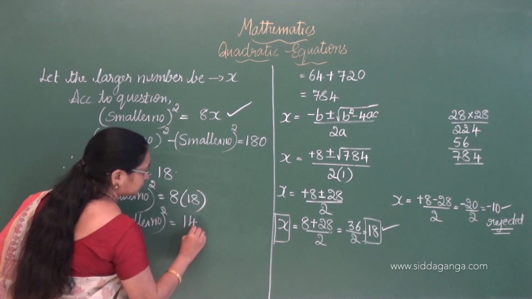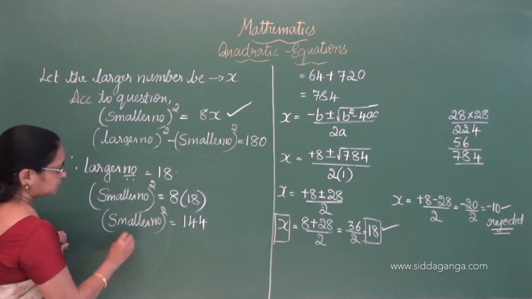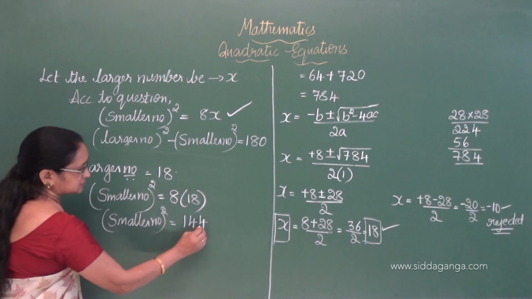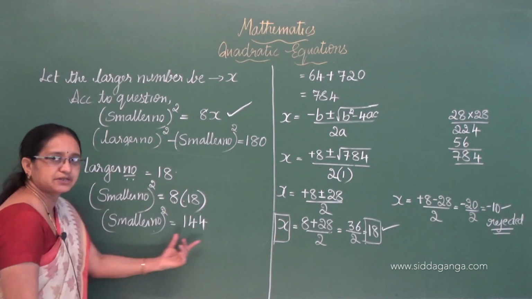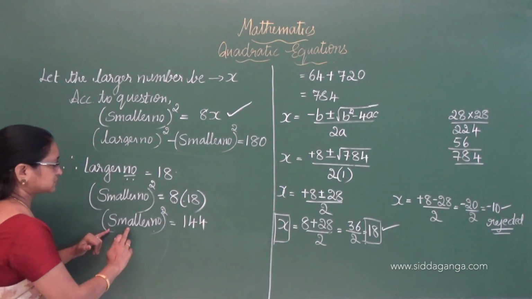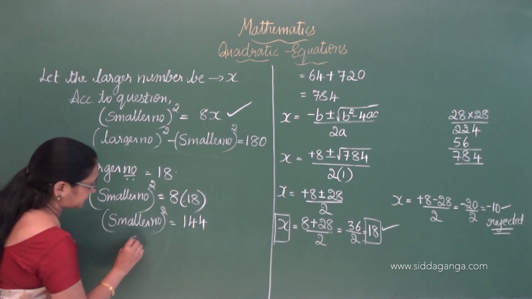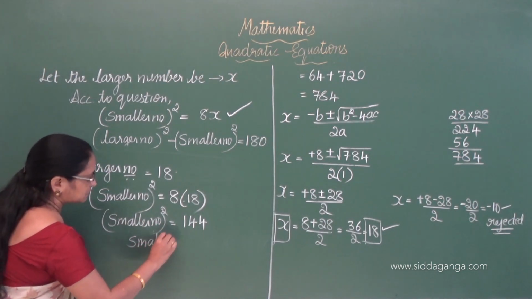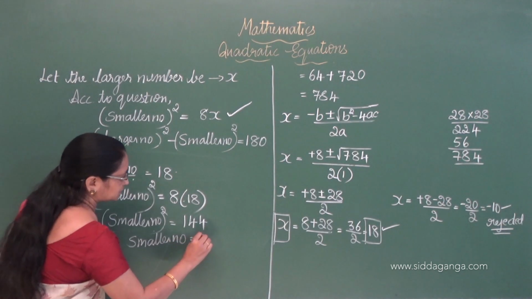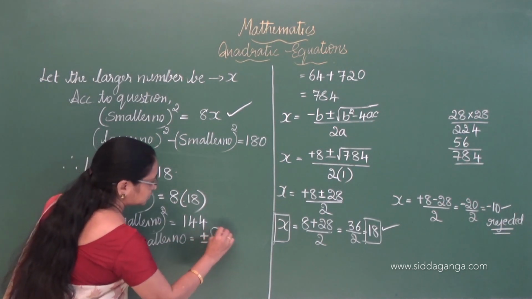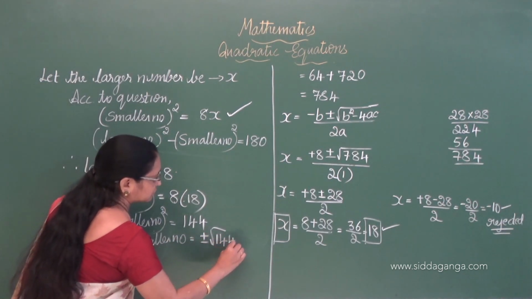So 18 8s are 144. Now see here, 8 8s are 64, 6 8s are 48, plus 1 is 14, correct? 144. Now, to find out the smaller number, what will you do? The smaller number is equal to plus or minus root of 144.